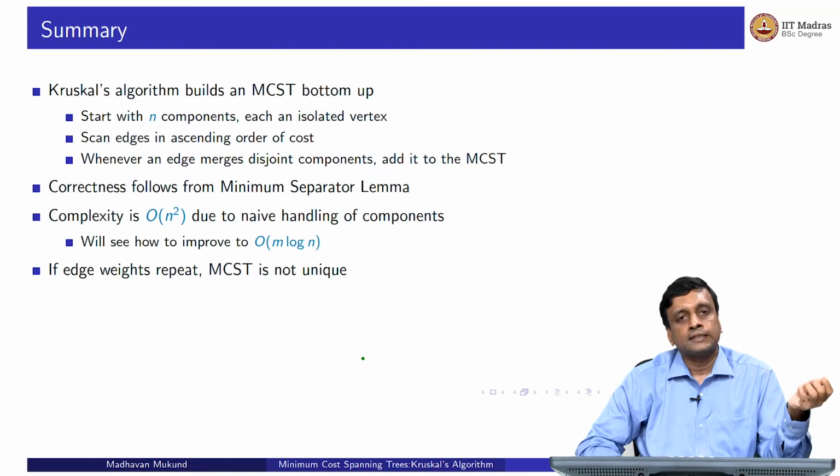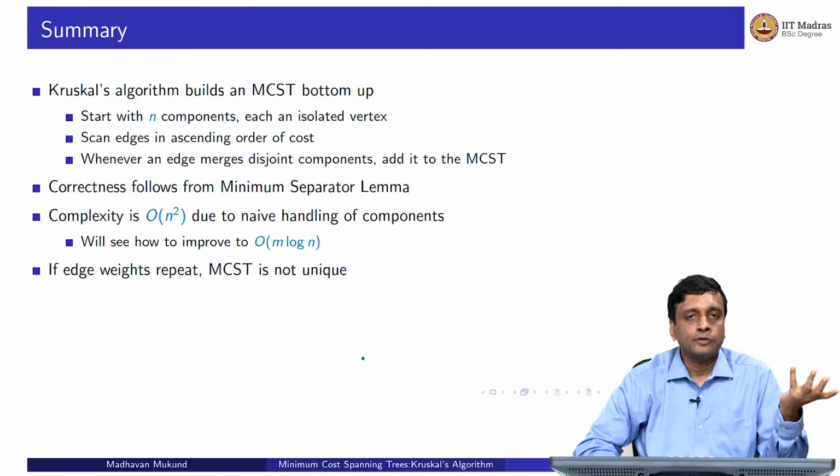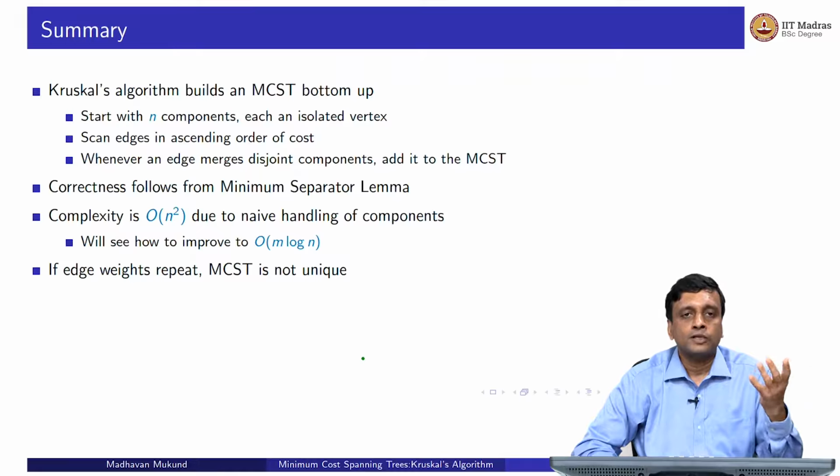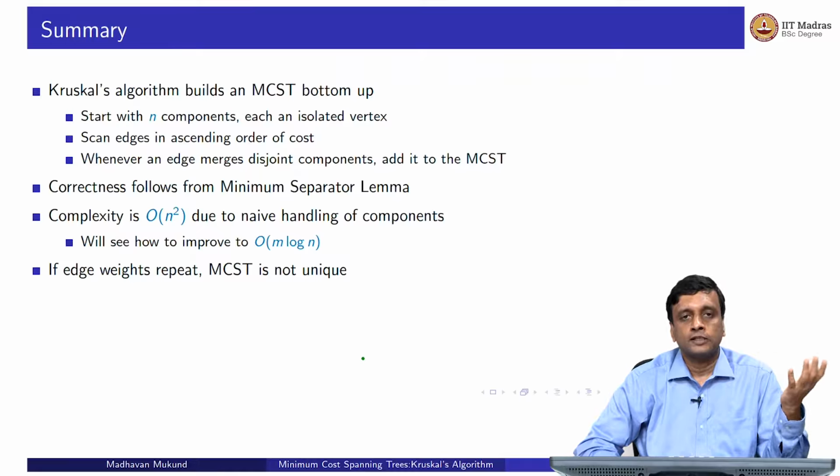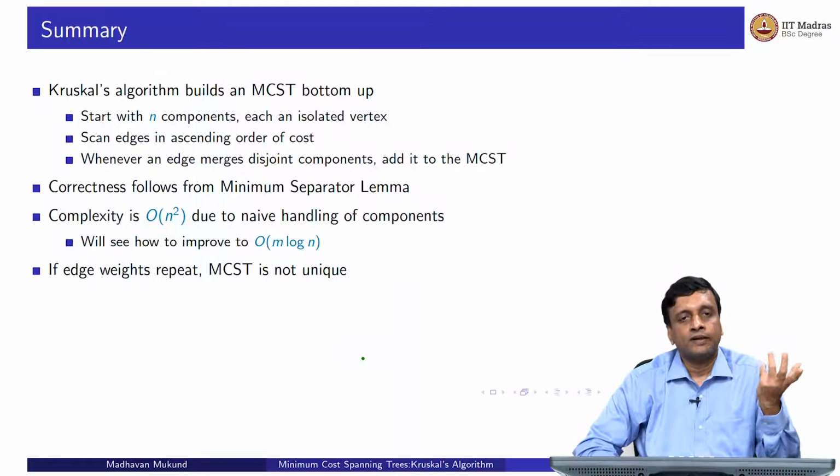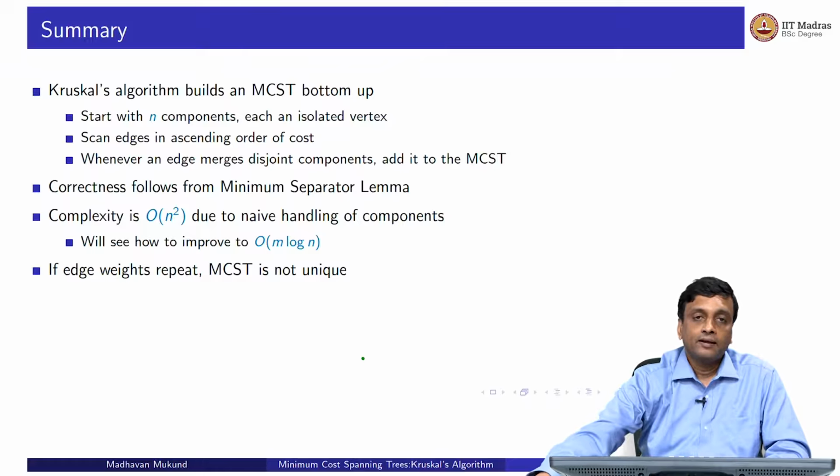Every edge that Kruskal's algorithm adds has to be there in the tree. There is no edge that Kruskal's algorithm adds that cannot be there in the tree, and there are only n-1 edges that you can add. So there are n-1 must-add edges according to Kruskal. So there is only one possible tree, and Prim's algorithm finds the correct tree, so it must find the same tree. But if edge weights repeat, then this is no longer true, because then it depends on the strategy.